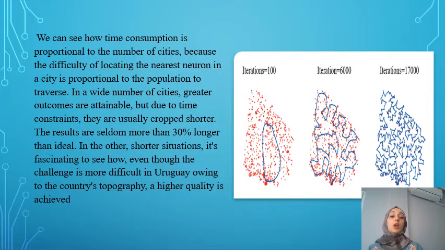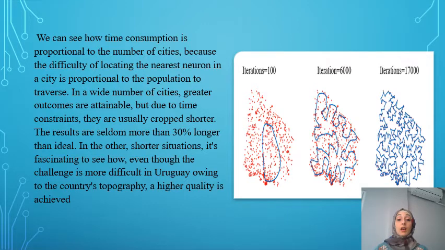Here in this figure, we can see how time consumption is proportional to the number of cities, because the difficulty of locating the nearest neuron to a city is proportional to the population to traverse. With a wide number of cities, greater outcomes are attainable, but due to time constraints, they are usually cut shorter.